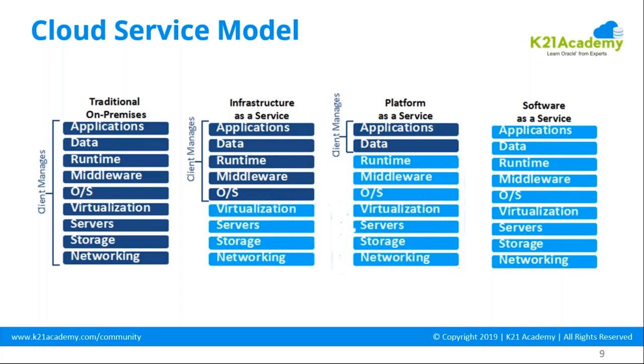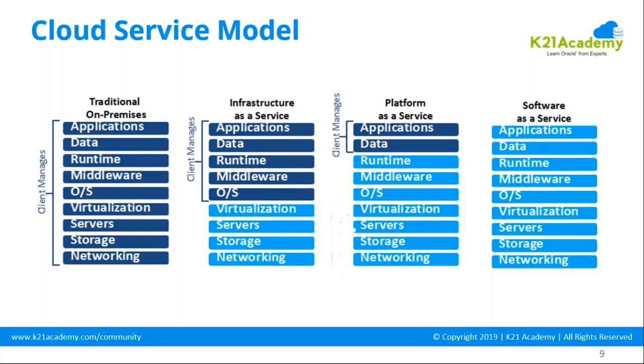And beyond that, if you want to automate the entire piece, you do not want to write any code, you do not want to own any hardware, or you do not want to own any software as such. You want to get everything at one shot in the form of an application, and that is where software as a service comes into picture.